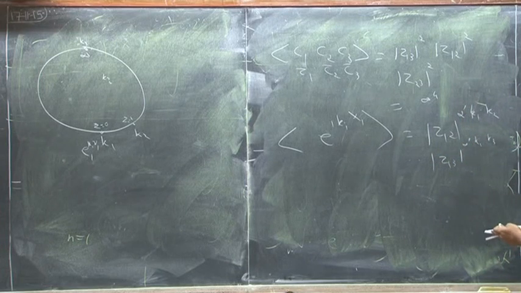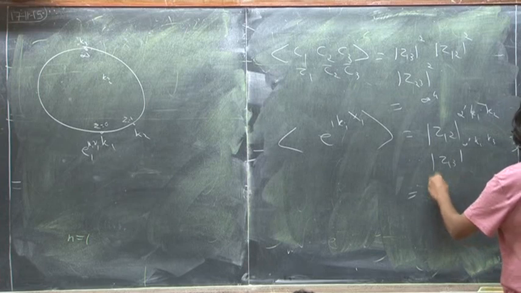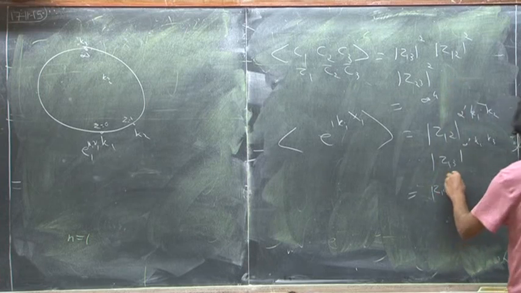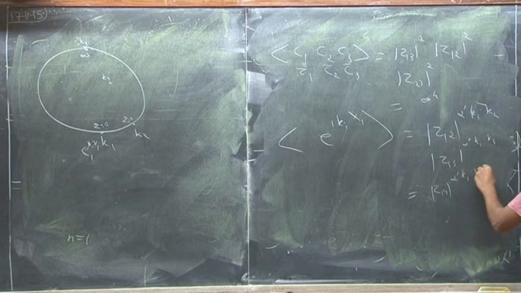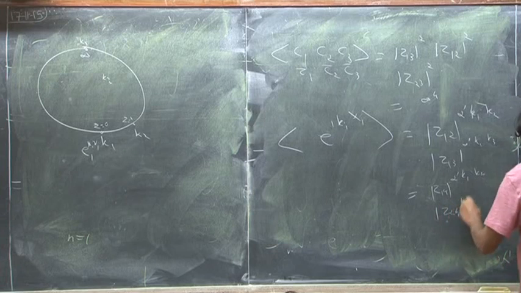Most of these powers become 0. And in the end we're going to be left with mod Z alpha prime K1 dot K4 into mod Z24 alpha prime K4.